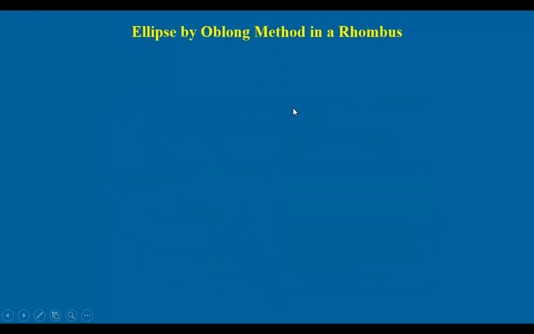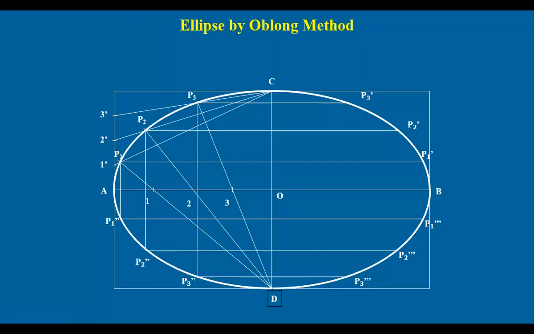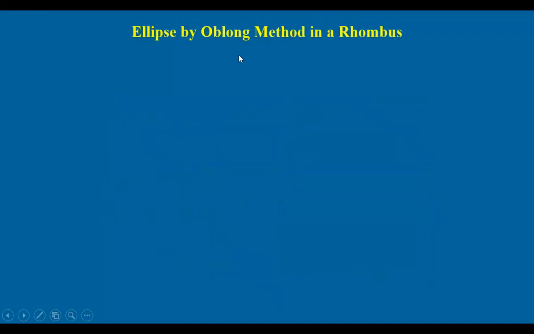Now, suppose instead of being given perpendicular lines AB and CD, the major and minor axes, you are given a rhombus, right? 2 lines are given at some angle, AB and CD. These are not major and minor axes. Here you are given just 2 lines at some angle, maybe 80 degrees or something like that.